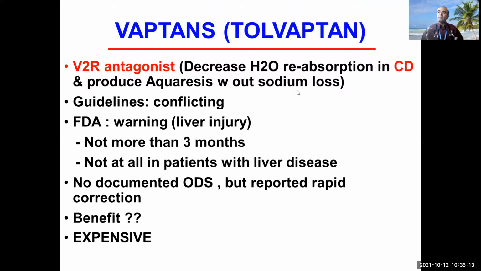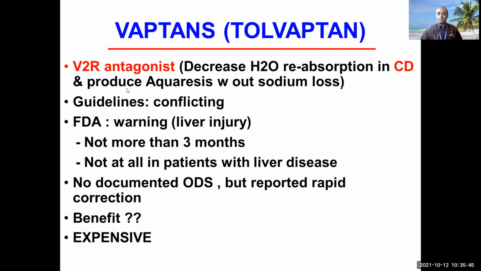They decrease water reabsorption by blocking the aquaporin channel, so water is not allowed to be reabsorbed through the aquaporin channel in the collecting duct, leading to aquaresis without sodium loss.